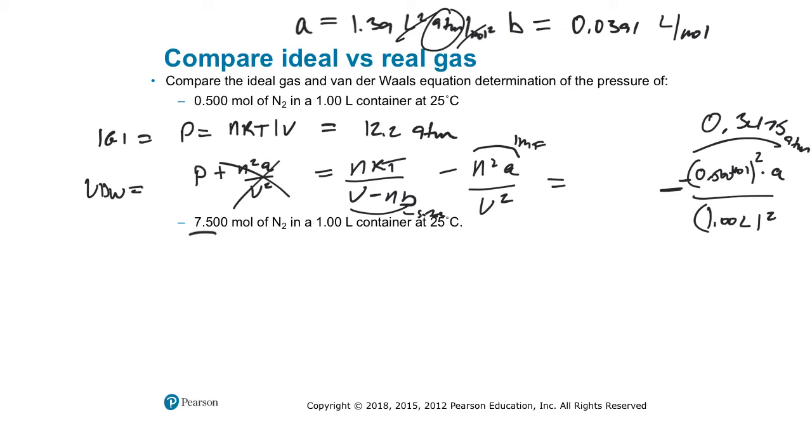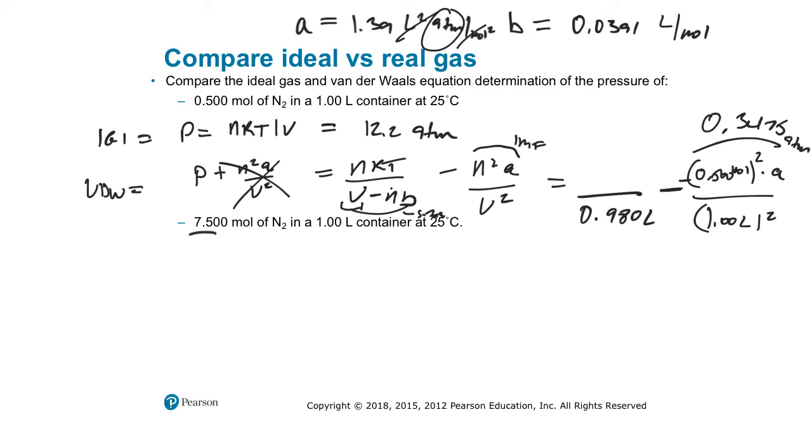And so then let's look at this V minus nb. We have a liter container minus 0.5 moles times 0.0391, so plugging in the container volume of a liter minus half a mole times b, that works out to be 0.980 liters. So the volume was only off by 0.02 liters, not a big error introduced by assuming the container volume was our free space volume.